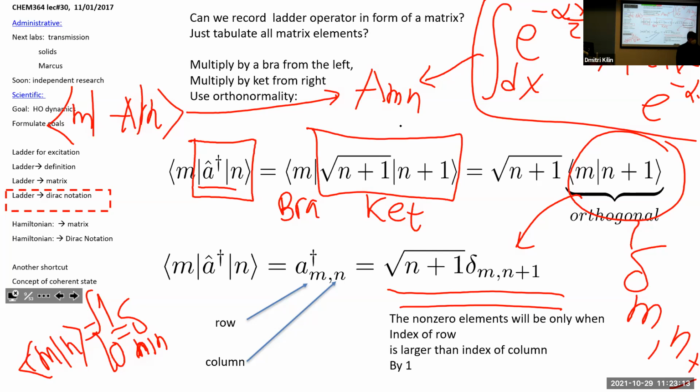But typically, if no one objects, all good basis states, all good solutions of the Schrödinger equation obey the property of orthonormality, right? Which means the convolution of the bra-ket should be either 0 or 1, right? So there will be 1 if the two numbers here coincide, and 0 if these numbers do not coincide.